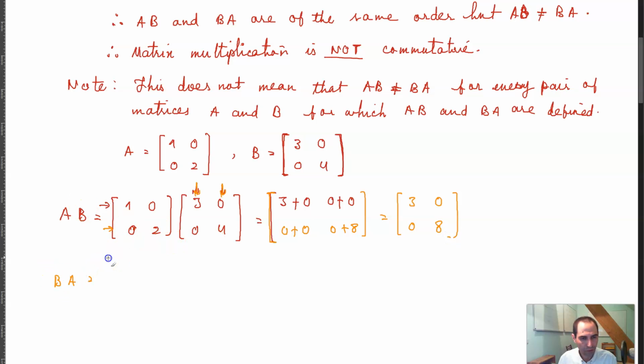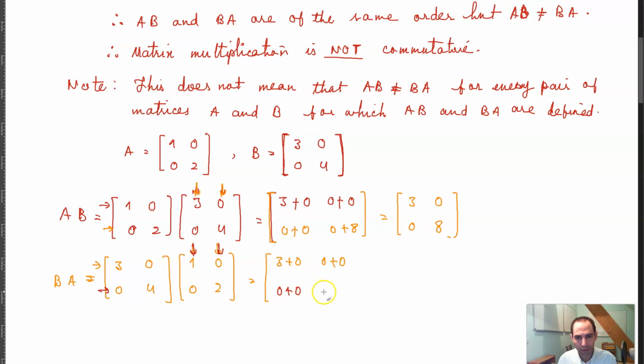Now BA is equal to 3004 times 1002, which is equal to, again, starting from here and here, you have 3 and 0, and over here you have 0 and 0. 3 times 0 is 0, 0 times 2 is 0, and then you have over here and here 0 and 0, and over here you have 0 and 8.